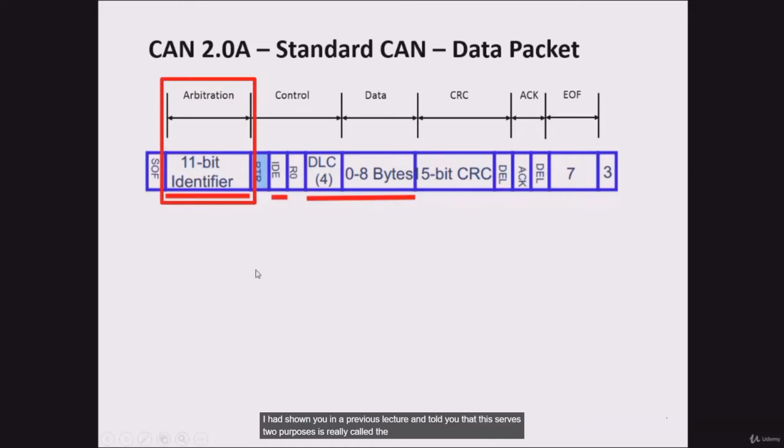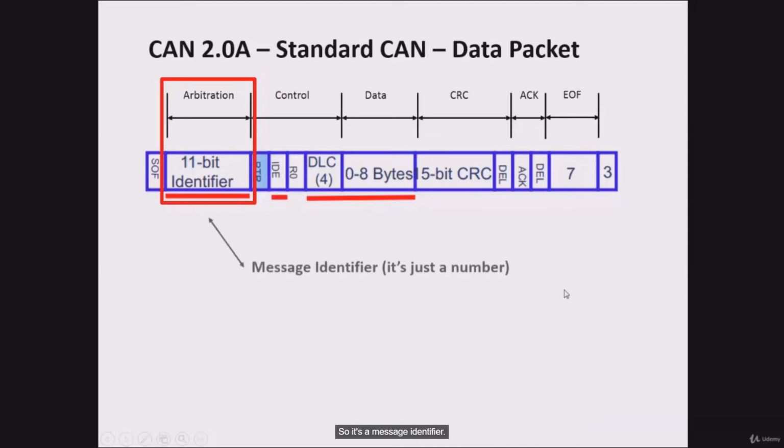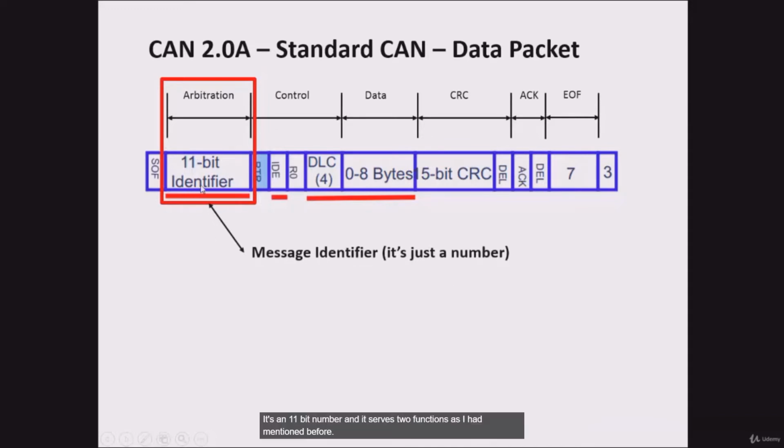I had shown you in a previous lecture and told you that this serves two purposes. It's really called the message identifier of the message, but it's also used for network arbitration. So it's a message identifier, it's an 11-bit number, and it serves two functions as I had mentioned before. The first is to uniquely identify the message type.